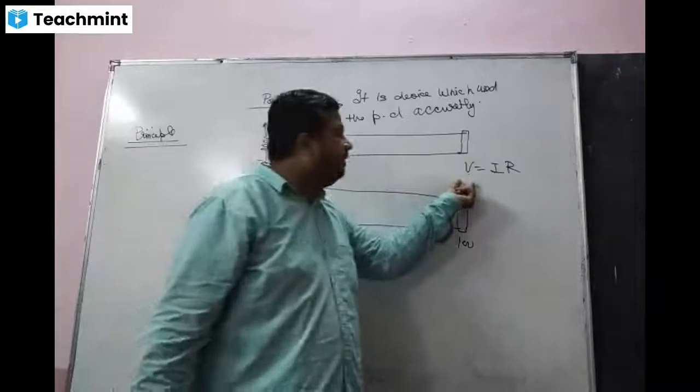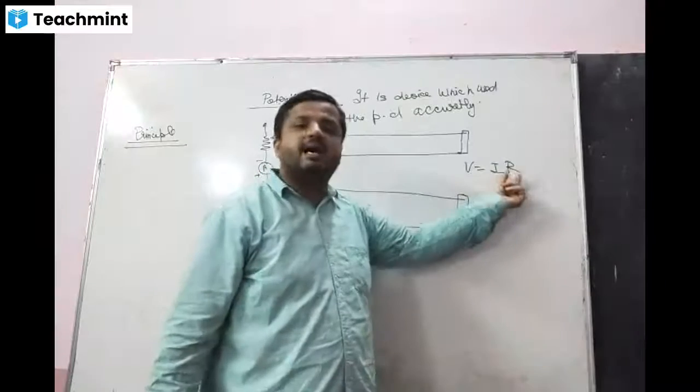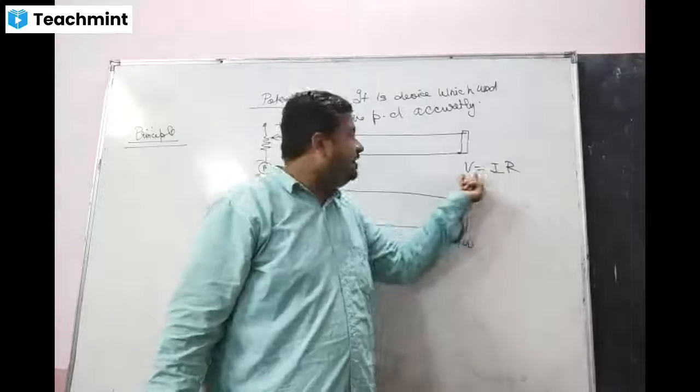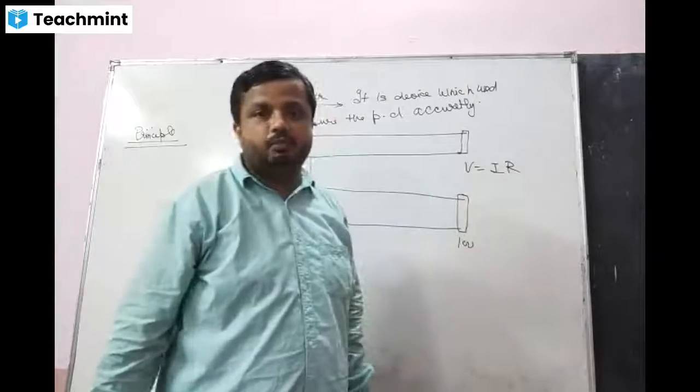V, what do you mean by V? Potential difference. I is current, R is resistance. V is equal to IR.